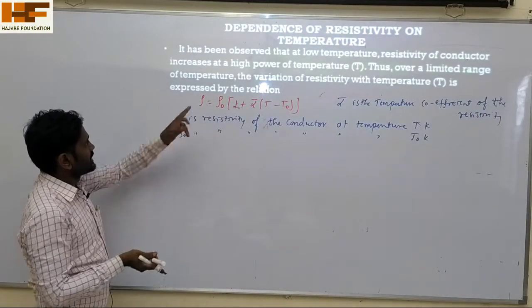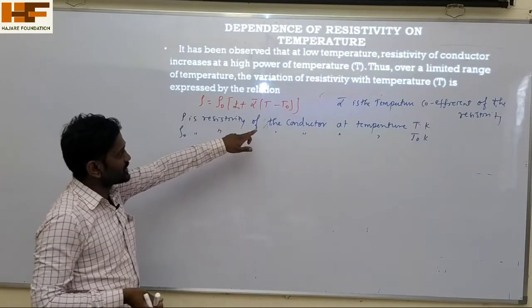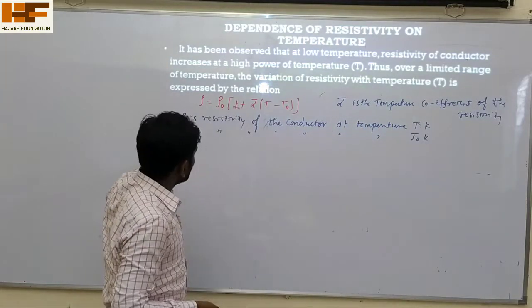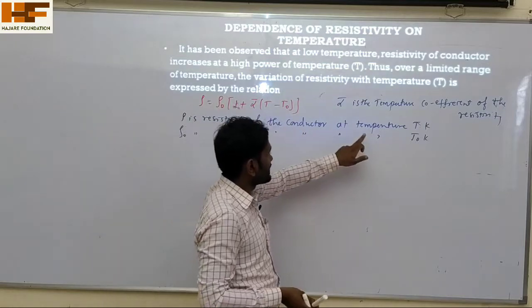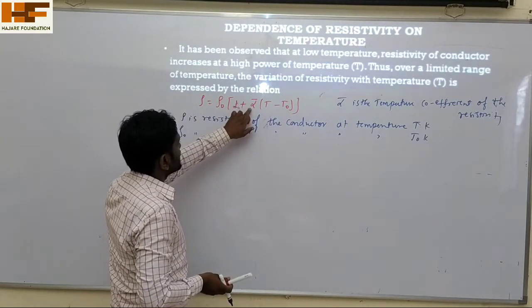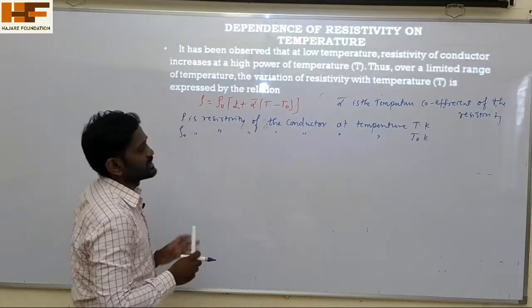Here rho is the resistivity of the conductor at the temperature T Kelvin, rho naught is the resistivity at the temperature T naught Kelvin, and alpha bar is the temperature coefficient of resistivity.